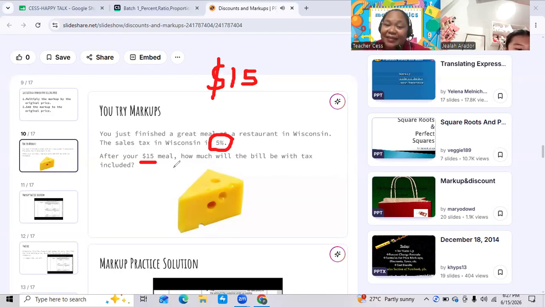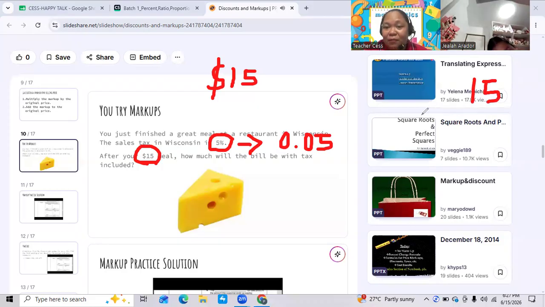And then after that, you will add the answer to the original bill, $15. Let's try. 5% will be what in decimal? 0.05. Very good. You said you will multiply 15 to 0.05, right? Yes, teacher.